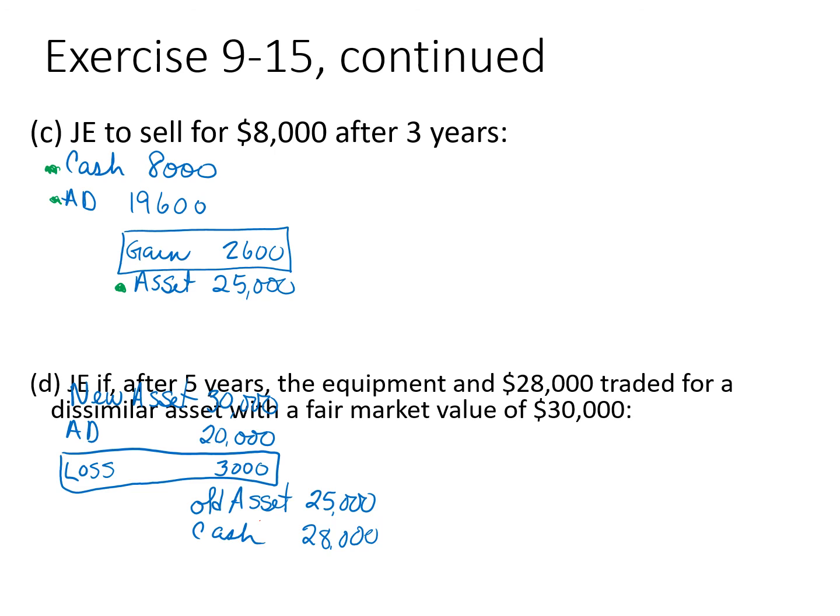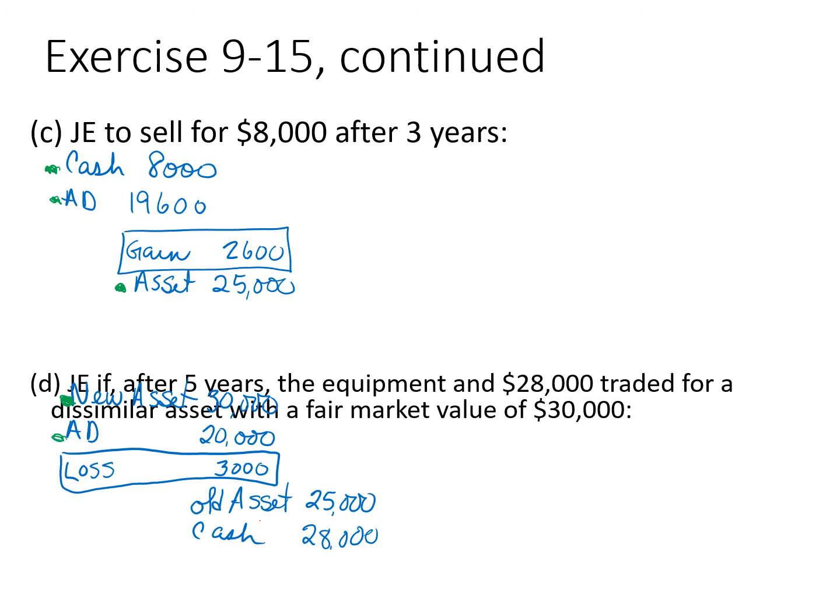And finally, in D, if after 5 years the equipment and $28,000 cash are traded in for a dissimilar asset with a fair market value of $30,000, I'm going to record the new asset at its fair market value, $30,000.